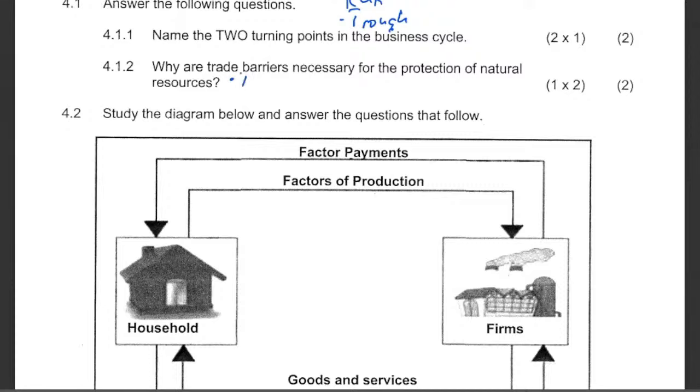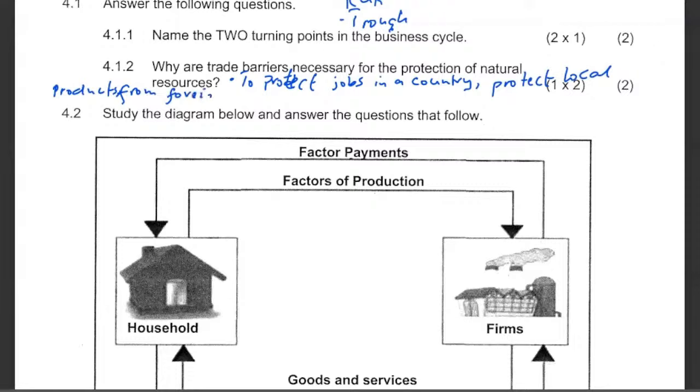We are saying that to protect jobs in a country, protect local products from foreign competition, and to encourage local industries.